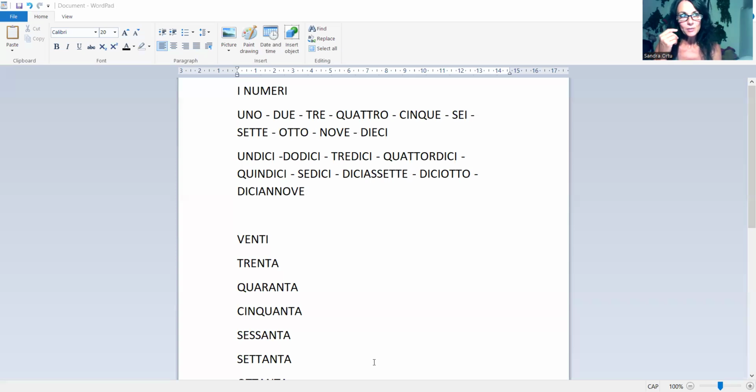Otherwise we end up saying a word the way we think it's written, or the way we think it's pronounced, or we think we've memorized it, but in a wrong way. So look very well at the way they are written and don't add anything to them. Don't take anything out either. Right, let's start.